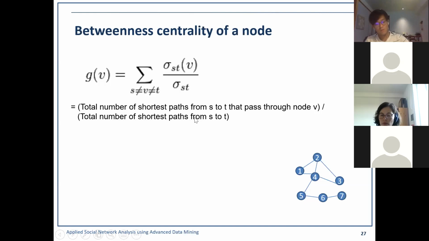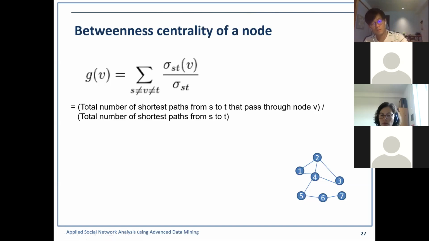What does this expression mean in words? I take all shortest paths from S to T that go through V, divided by all shortest paths from S to T. For example, I choose S and T as two arbitrary nodes.